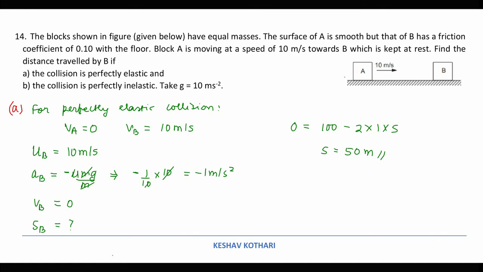In the second part, the problem is stating that the collision is perfectly inelastic. If the collision is perfectly inelastic, then the two masses will combine post collision. Initially, before the collision, A was moving with a certain speed, we are calling it u. After collision, the two will start moving together with a common velocity, we are calling it v.